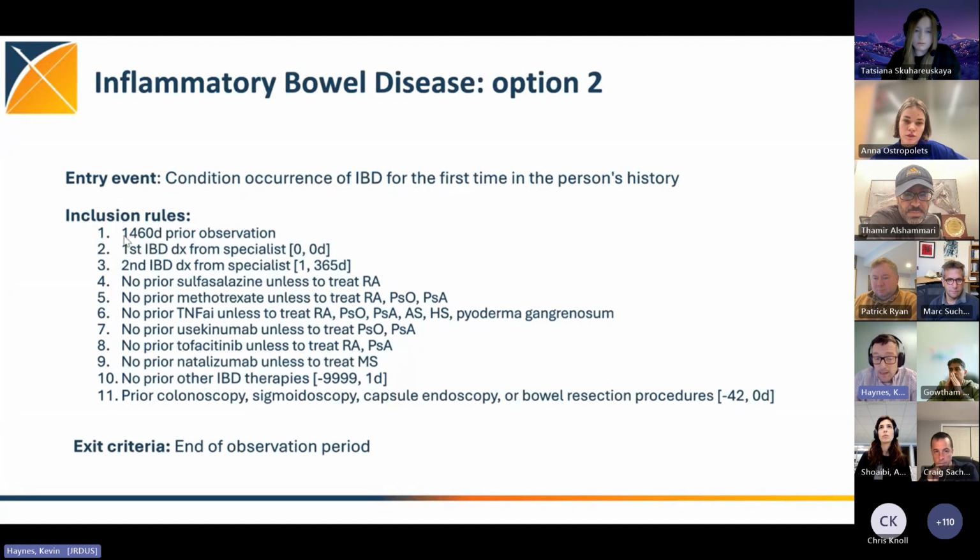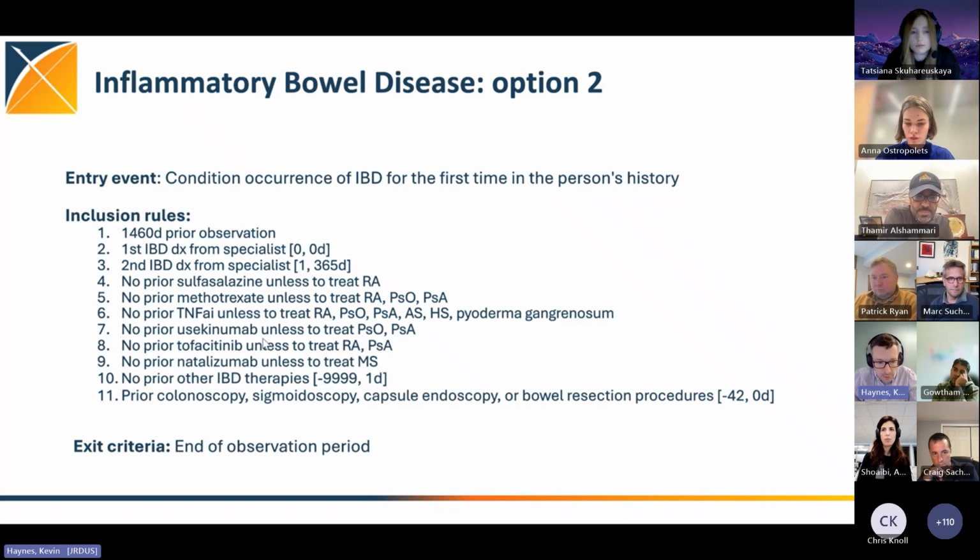You'll see right off the bat, 4 years of prior observation period to truly get at incidence. In many of our databases, this would make it very, very specific. And a first diagnosis from a specialist with another diagnosis from a specialist within a year. And then a variety of no prior therapies, except if they were used to treat other conditions, to truly define an individual that had incident IBD.